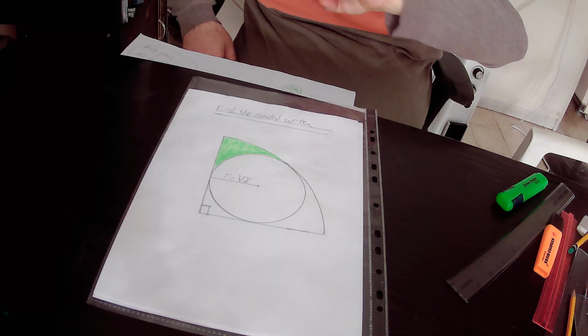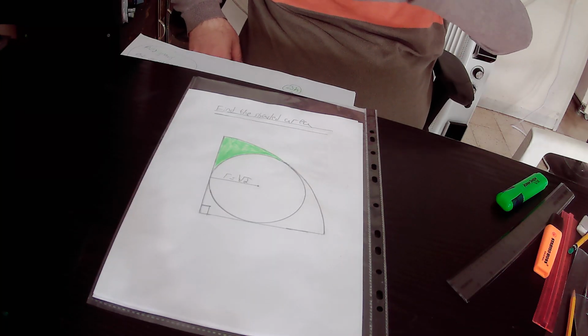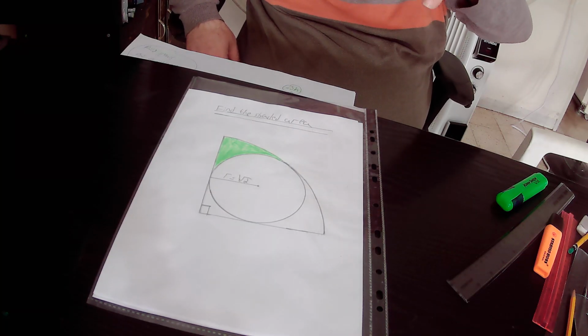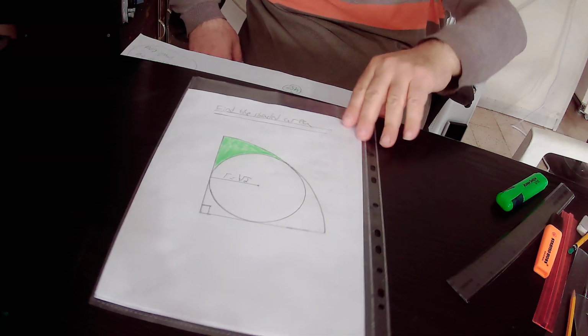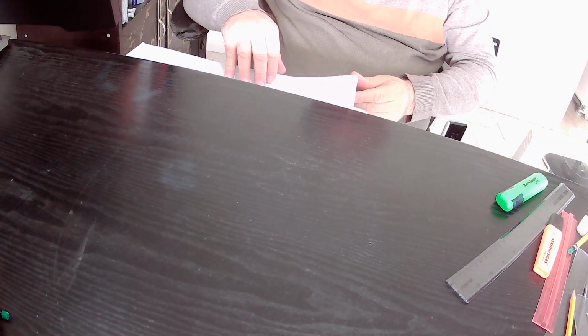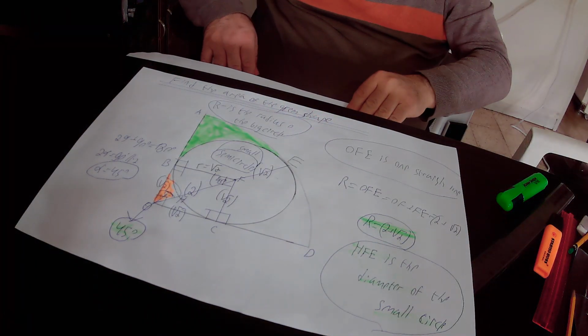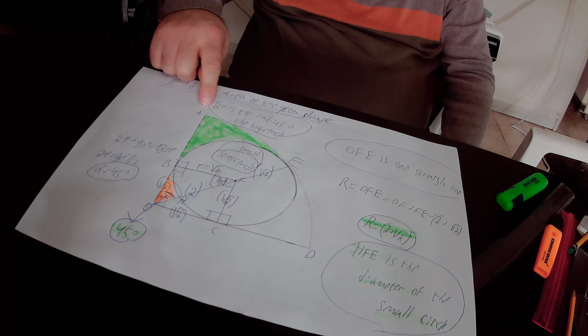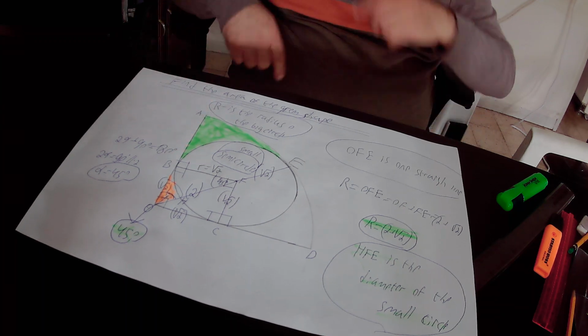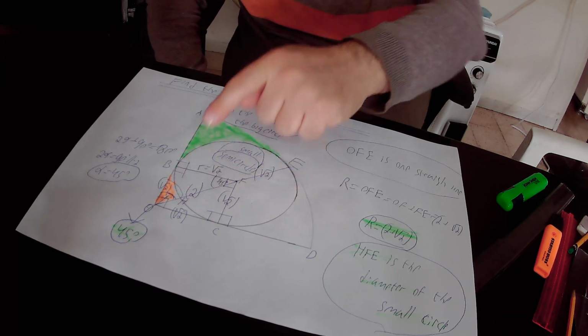So first of all, we defined the relevant points to this question with letters. We defined this point as A, we defined this point as B. This point is the center of the quarter circle.